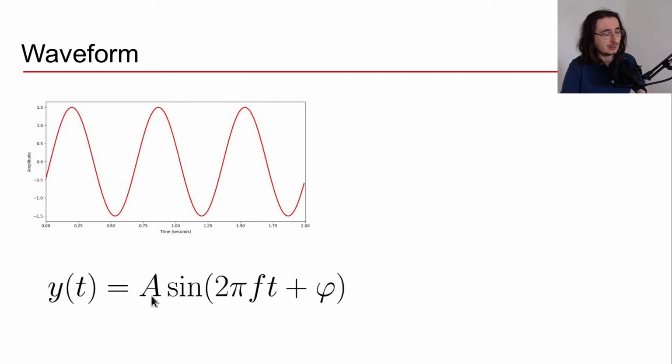So this capital A here is the amplitude, and then we have f, which is the frequency, t is just time, and phi is the phase. Now let's take a look at each of these parameters in isolation so that you get an idea of how they influence the waveform itself.